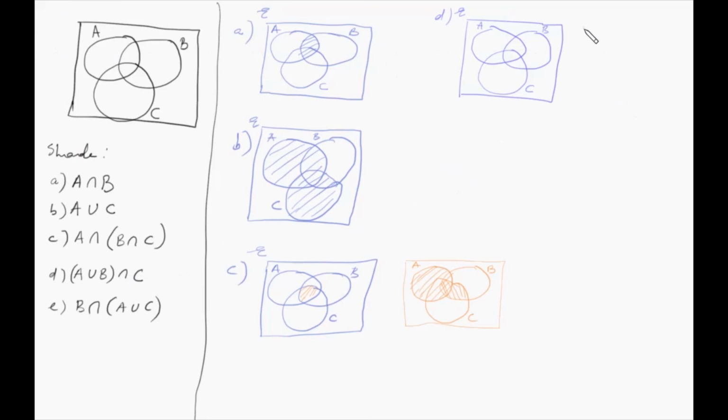Let's shade them separately. Oops, shouldn't go out there. Now, what do we have? Let's start with A union B. Let's shade A union B. It's this region. A union B is this region.